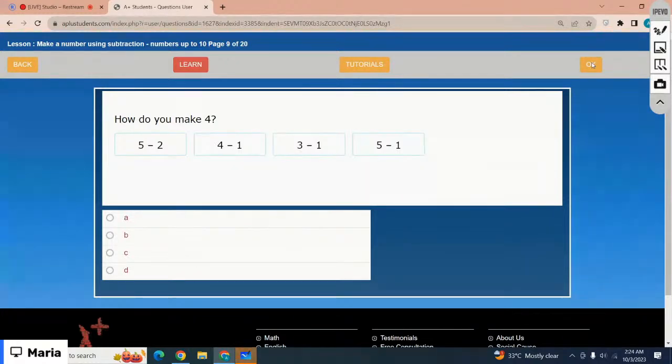The next one is how do you make 4? So which is the correct option?